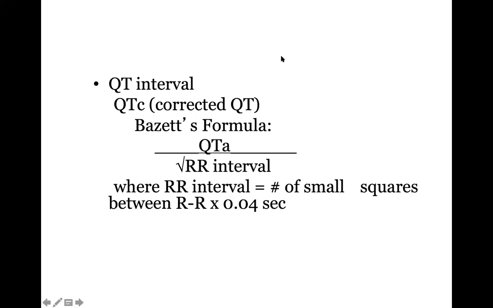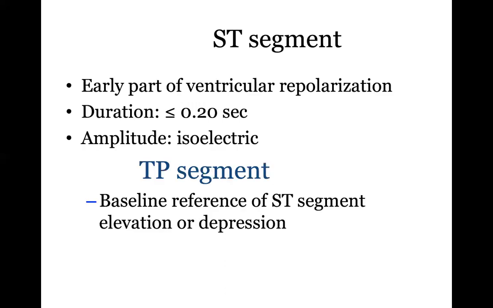We have your QT actual and we have your QTc corrected. You divide the QT interval by the square root of the RR interval. This value is the one used to know if there is a prolonged QT or short QT.